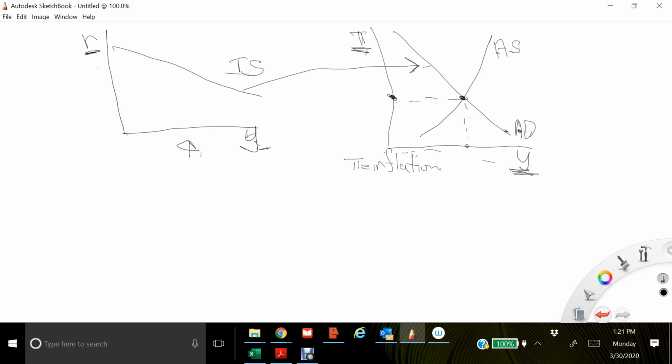So, how do we do that? Well, we'll take into account another relationship, and that is the monetary policy curve, MP.